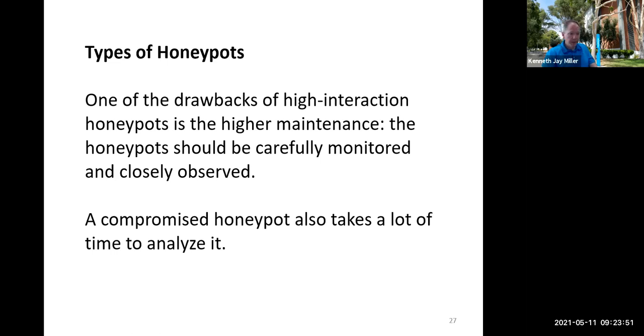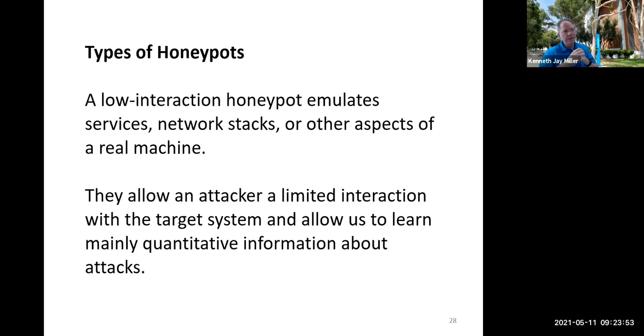All right. Now, a low interaction honeypot emulates services, network stacks, or other aspects of a real machine. They allow an attacker a limited interaction with the target system and allow us to learn mainly quantitative information about attacks.